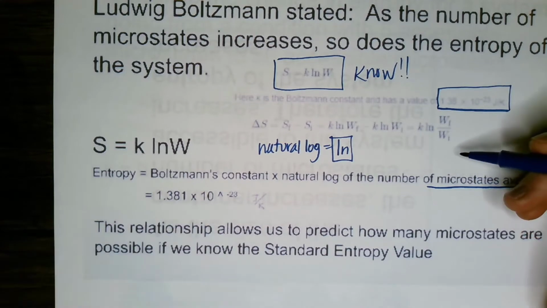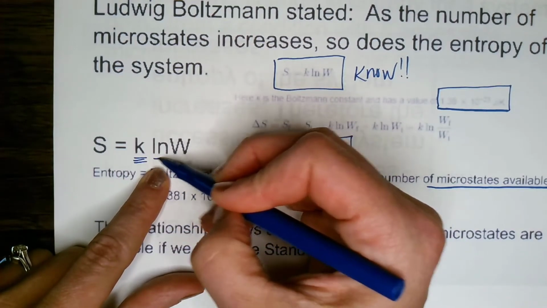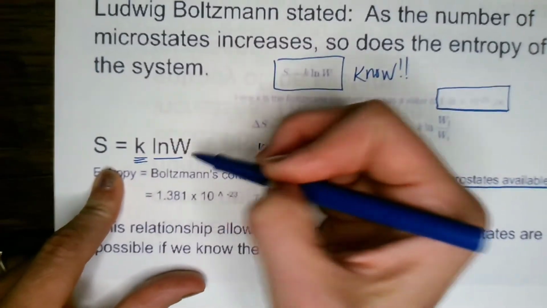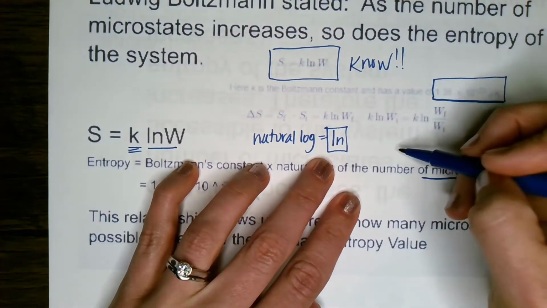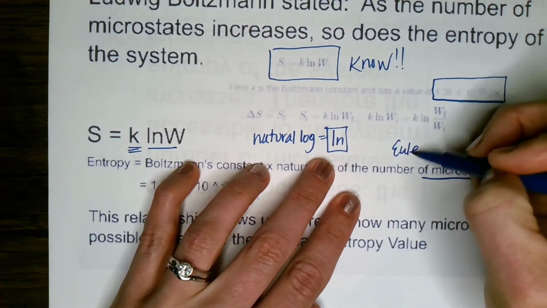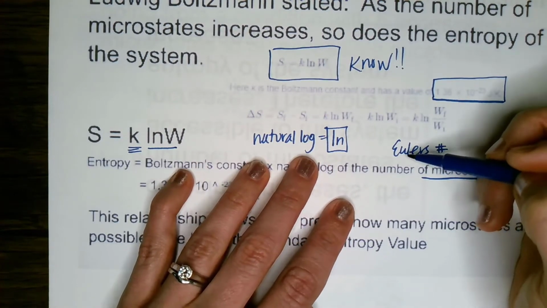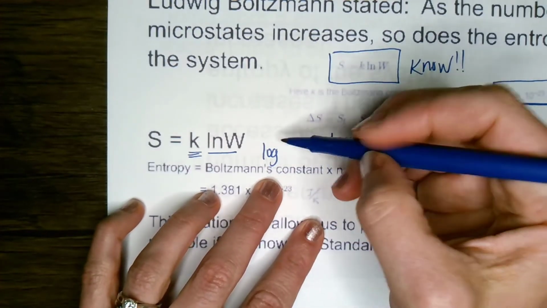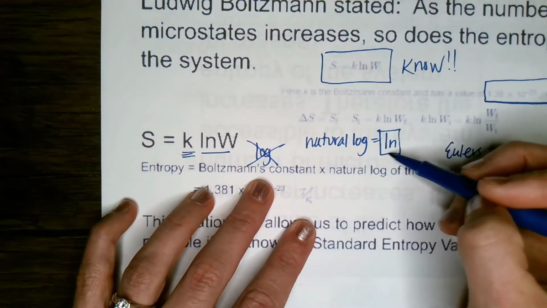We would know Boltzmann's constant, and then we would do the opposite of the natural log. The natural log is based off of Euler's number. That's its base. This is different than using log. Log is base 10. We're not using that. We're using the natural log, ln.